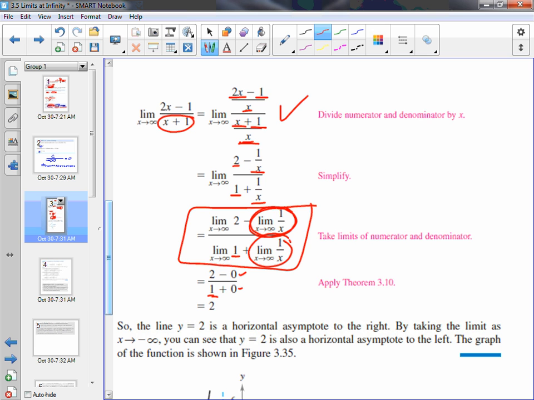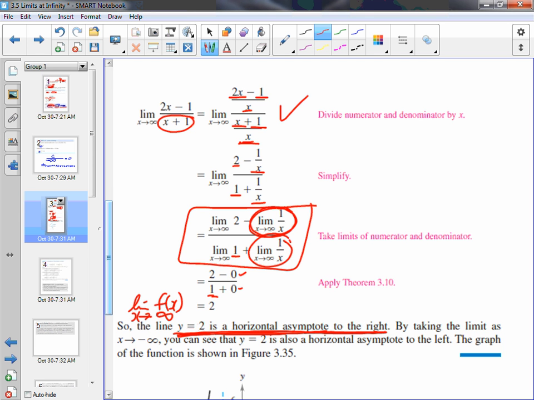What does this mean? Well, it means two things. It means the limit of that function as x approaches infinity equals 2. It also means that the line y equals 2 is a horizontal asymptote to the right.